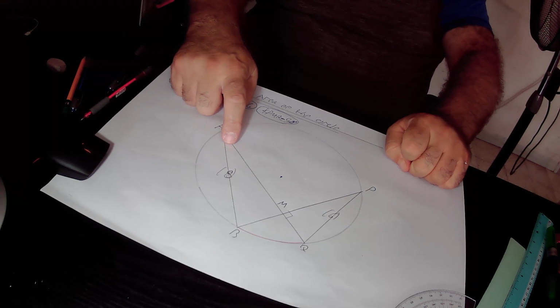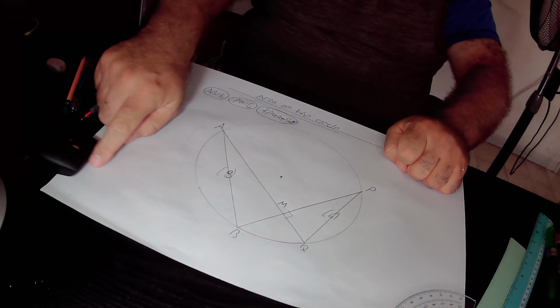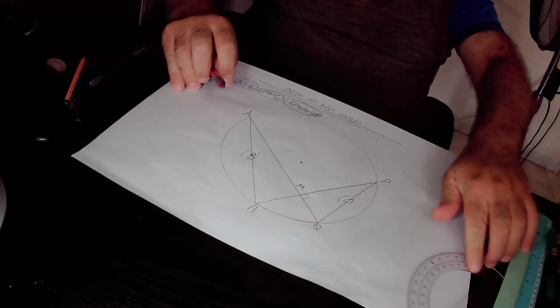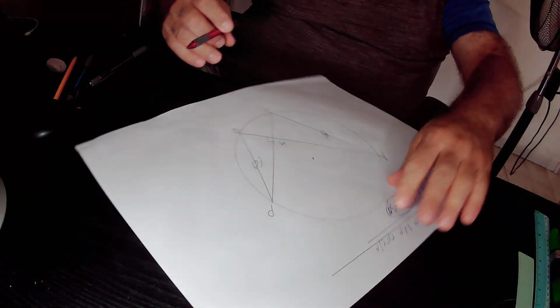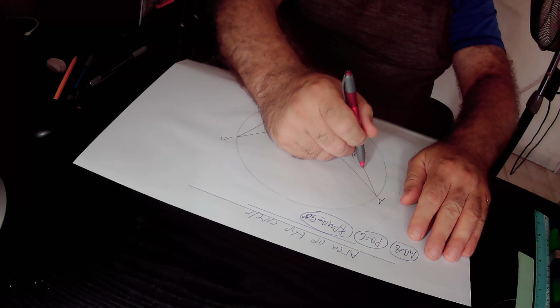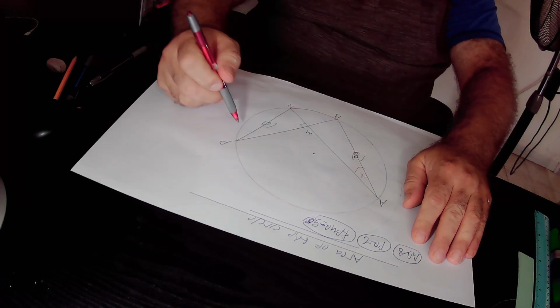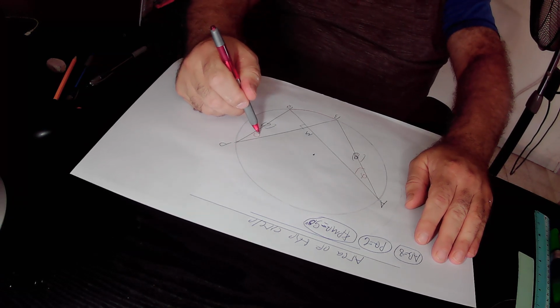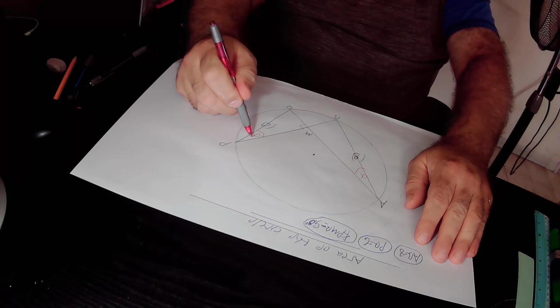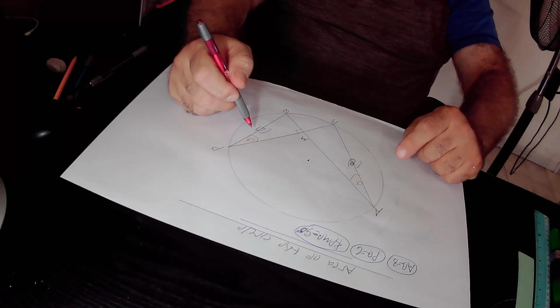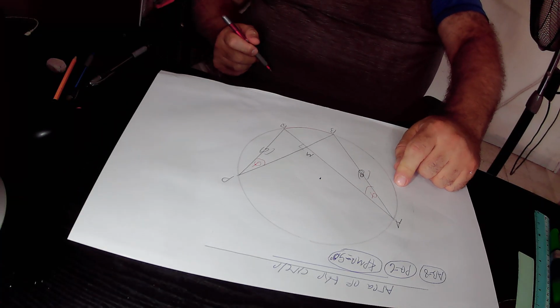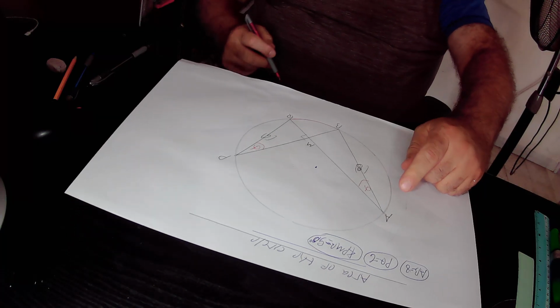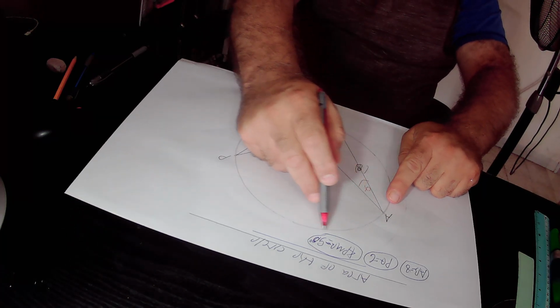So if we define the size of this angle as alpha, then the size of this angle must also be equal to alpha, because they are equal to each other according to rule 29. So in the next step, we will focus on this arc AP.